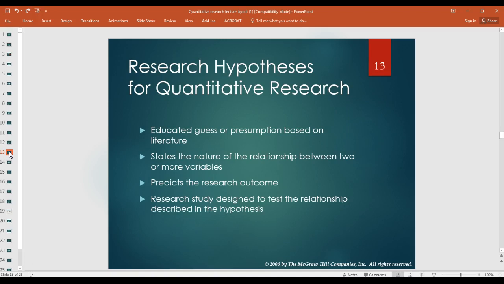But in the non-directional hypothesis, you're just saying that there will be a relationship, but you're not sure what kind of relationship. Is it strong? Is it opposite? You're not specifying. You're just saying that you think there is a relationship. Now, the hypothesis has to be stated as a measurable or testable prediction.